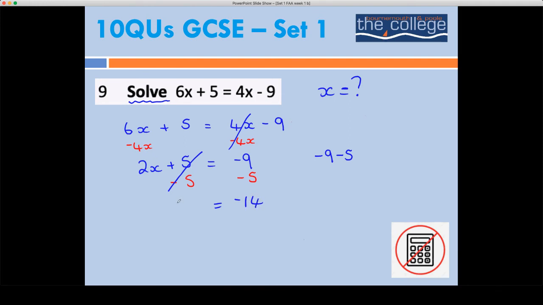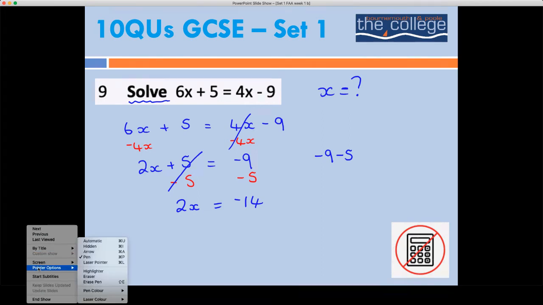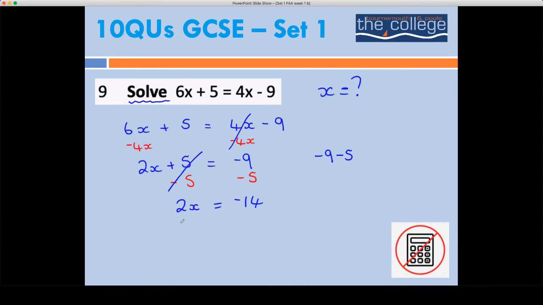And a little clue here is you've got quite a nice number there. If you get a dodgy number, you can almost be sure you've gone wrong in a non-calculator question. So here we've now got one step left to do, and that is to just divide by 2 to get the single x. So divide both sides by 2.